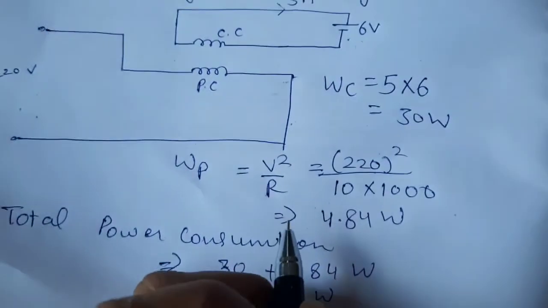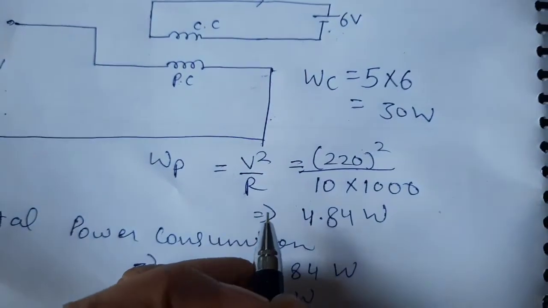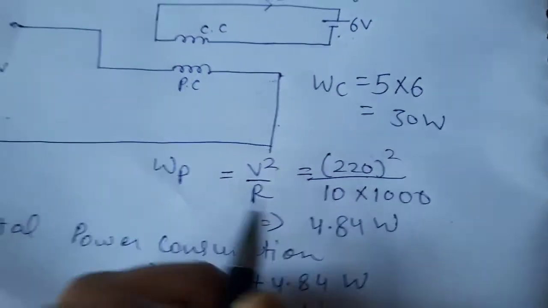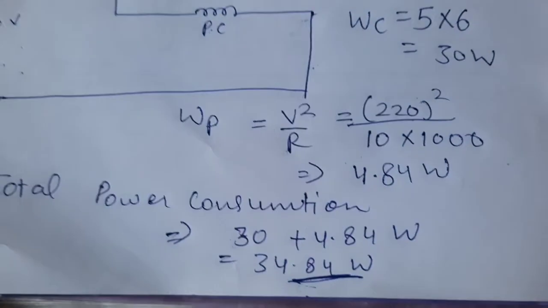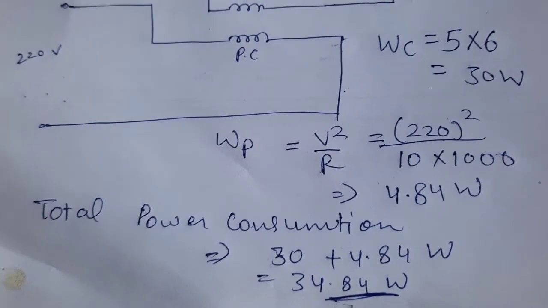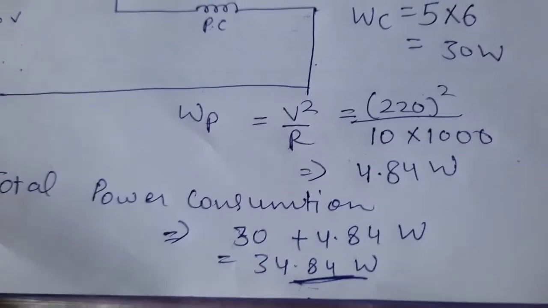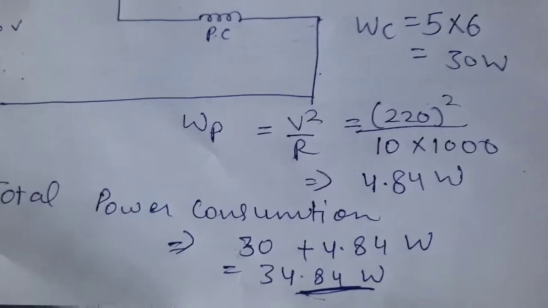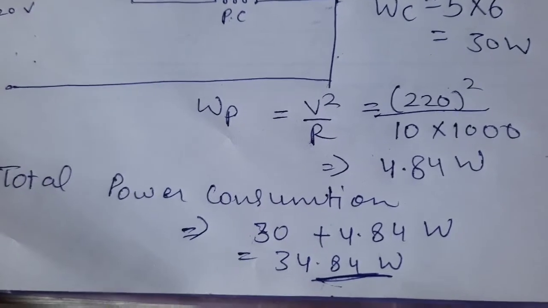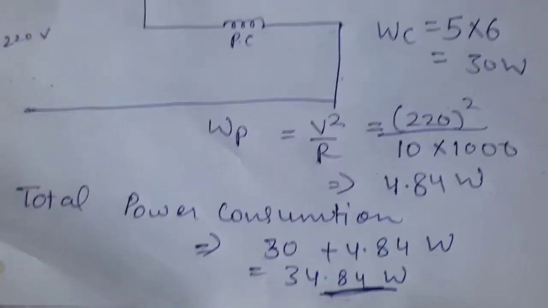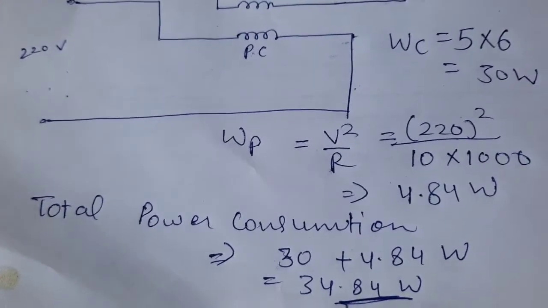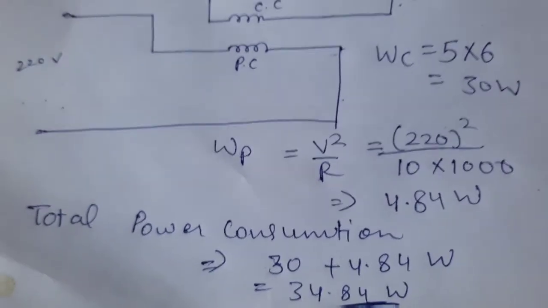Then the pressure coil power consumption is 4.84 watt. Then the total power consumption in the circuit is 30 plus 4.84 watt, which means the total power consumption is 34.84 watt, which is less than the direct or conventional loading method.